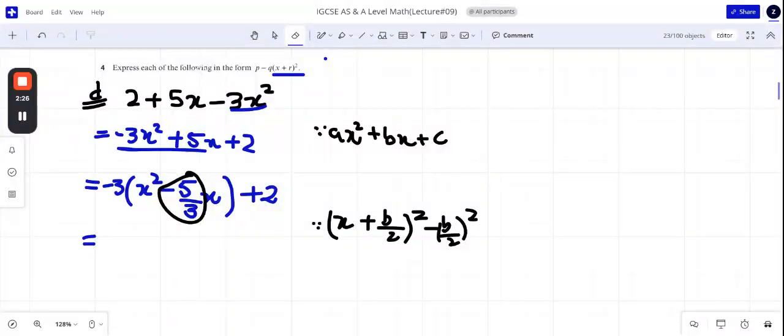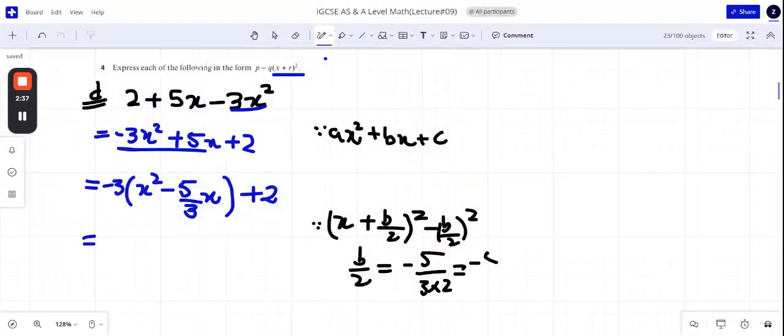So b by 2 is equal to minus 5 by 3 times 2, which equals minus 5 by 6. It means that instead of b by 2 we will use minus 5 by 6.